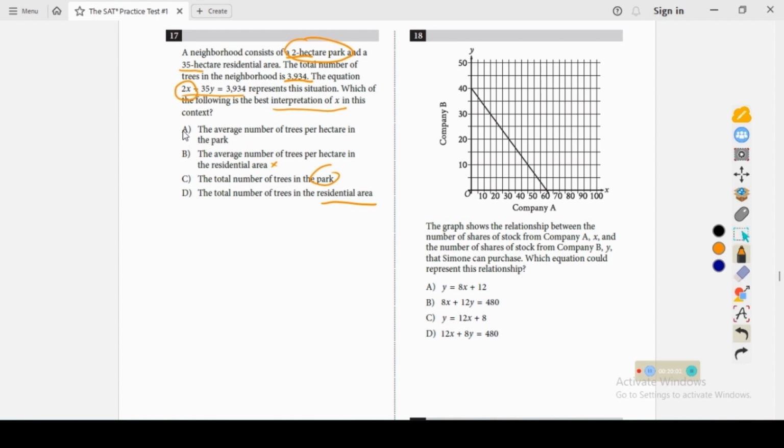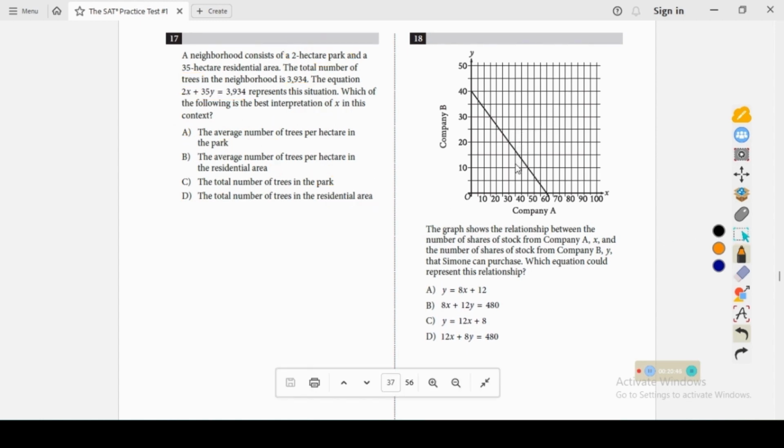So our correct option is A because it represents 2 times the number of trees per hectare. Since there are 2 hectares, by multiplying with 2, we can find the number of trees in the 2-hectare park approximately, or we can find the average number of trees in the 2-hectare park. So A is the right answer.